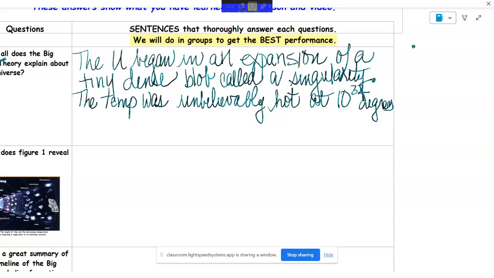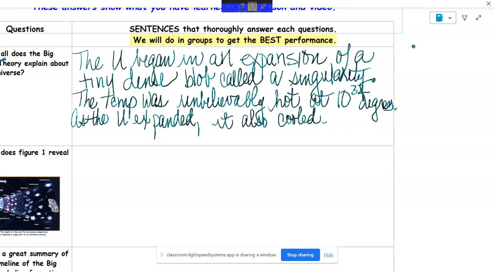Then, as the universe expanded, it also cooled. Does that make sense? Do you see how I'm doing a little progression in my mind? It also cooled.